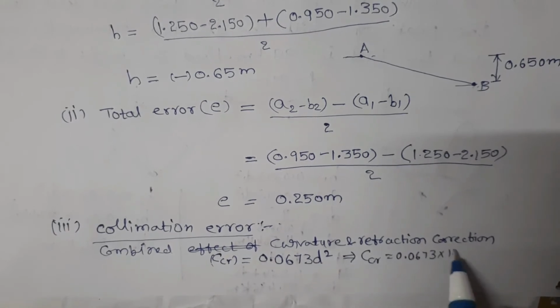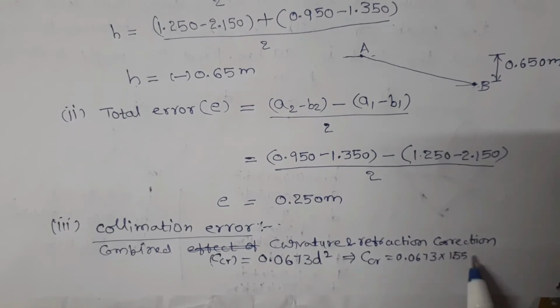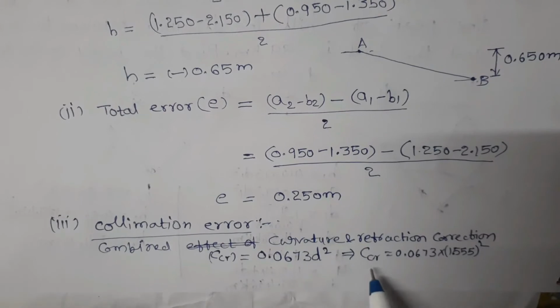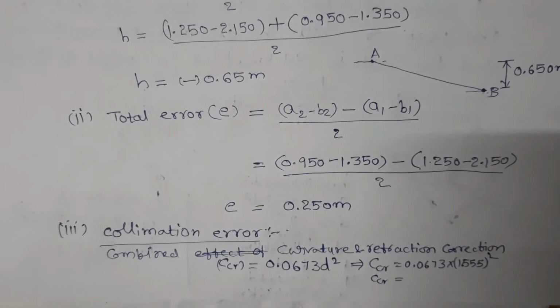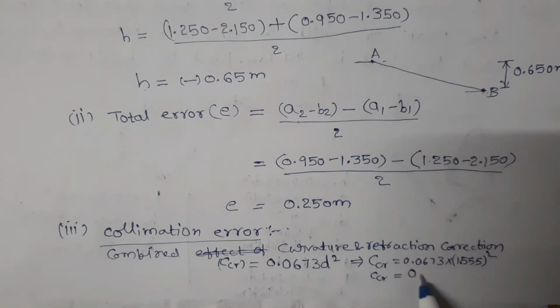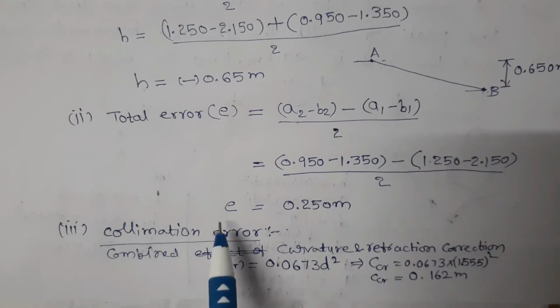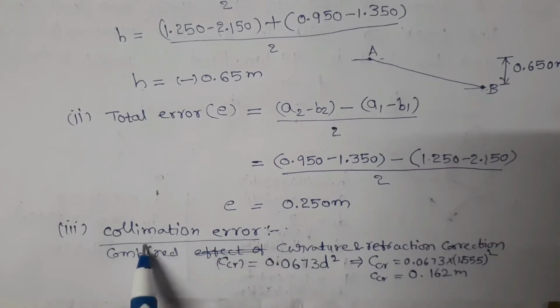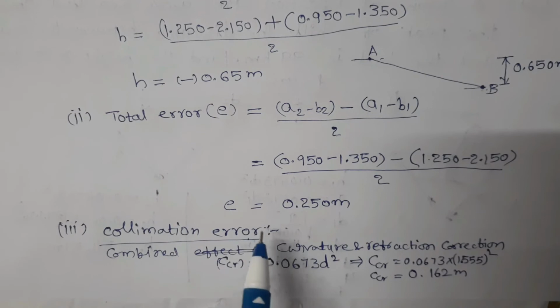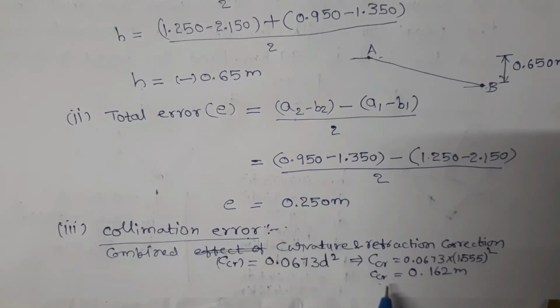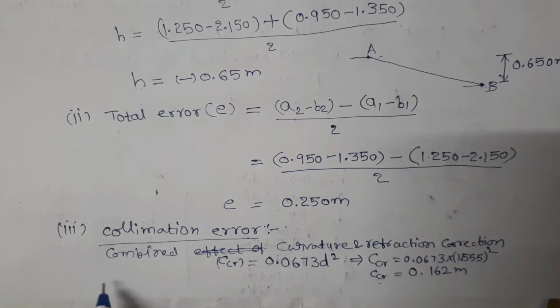0.0673 into 1.555 square. CCR is equal to 0.162 meters. We know the total error. We can get the collimation error by taking the difference between total error and correction due to curvature and refraction.